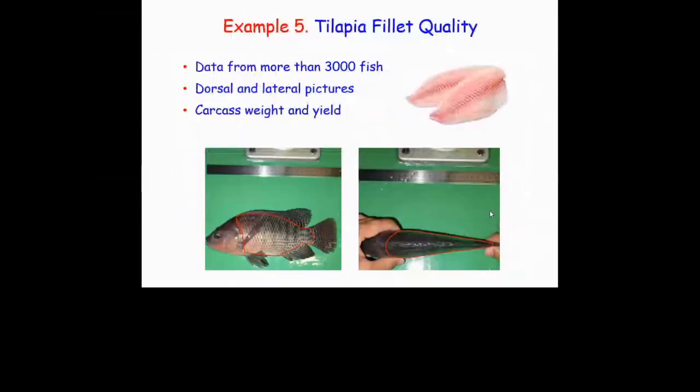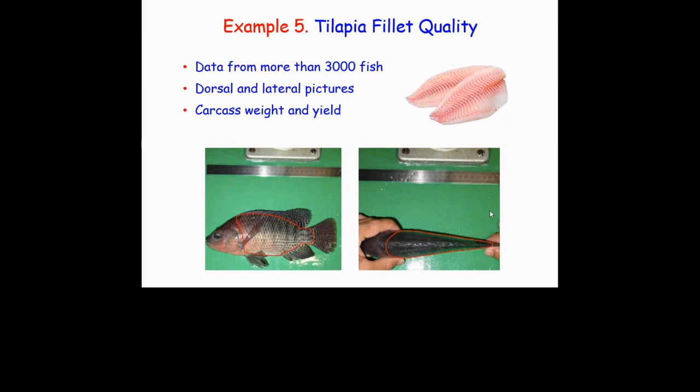And lastly, an example with fish here. We want to genetically improve, in this case, tilapia for fillet quality. Of course, this is something that you can measure only after you harvest the fish.